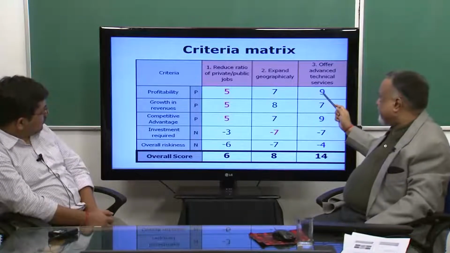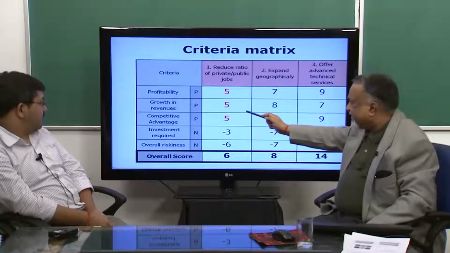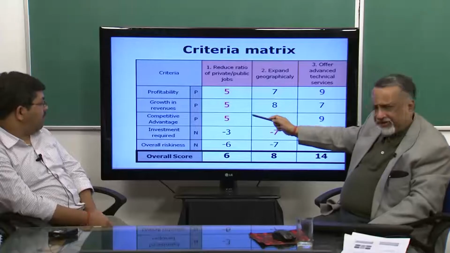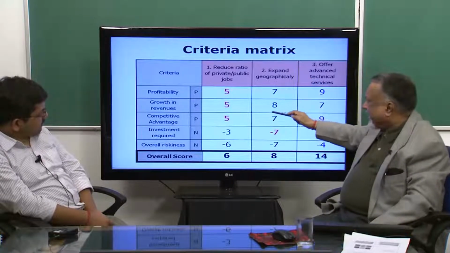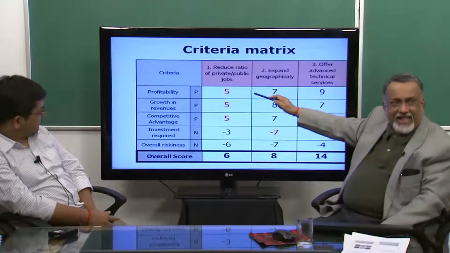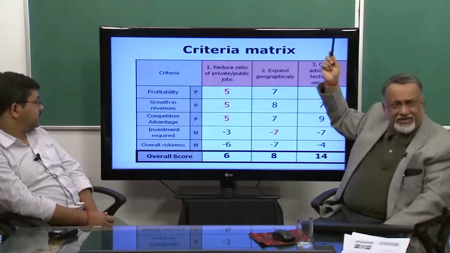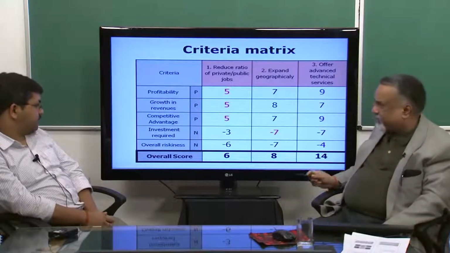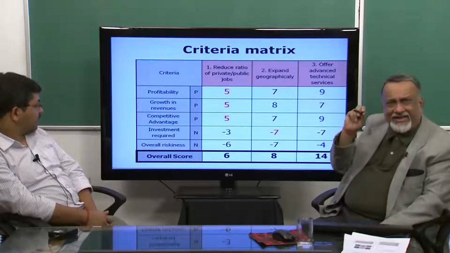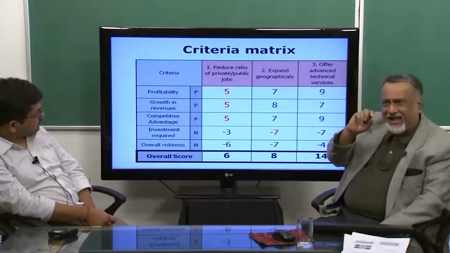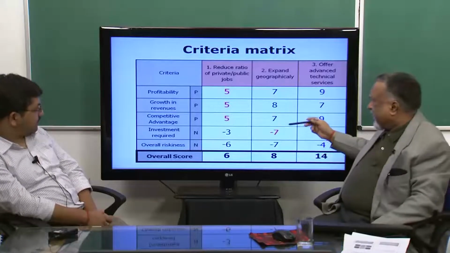That score is high, and growth in revenue is obviously very important, and that can happen easily if you expand geographically. You can correlate this also with the Ansoff matrix that we discussed last week, where we had taken existing product, new product, existing market and new market, and created different competitive alternatives.